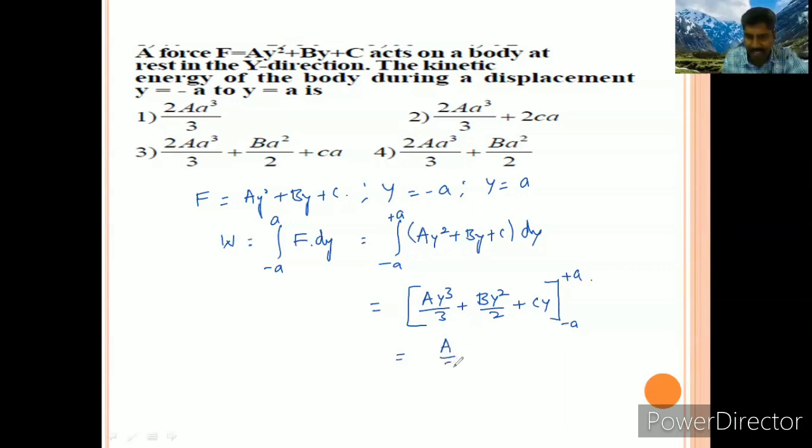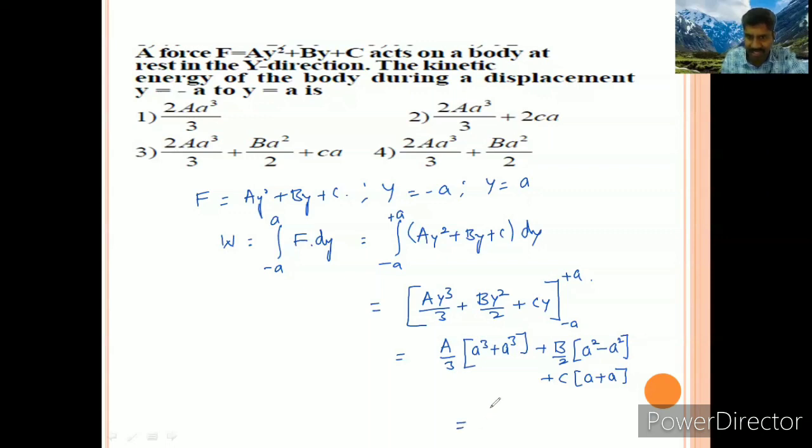a by 3, I will take common. So here what do we get? a cube minus of minus a cube means minus into minus, plus a cube we get. So b by 2, I will take common: a square minus a square, so that is 0. This value plus c into a minus of minus a, plus 2a we get.